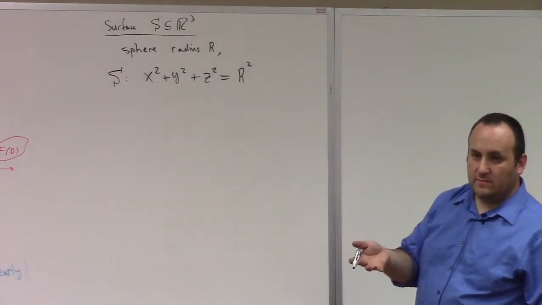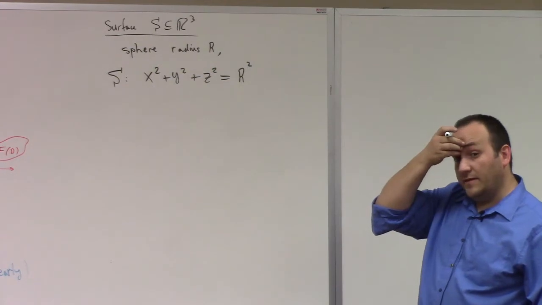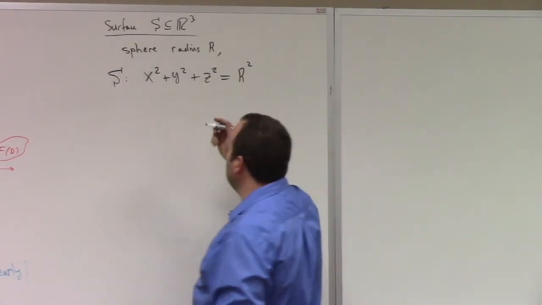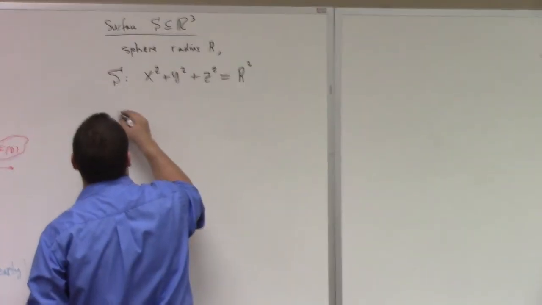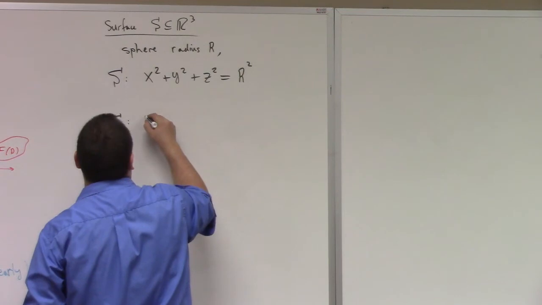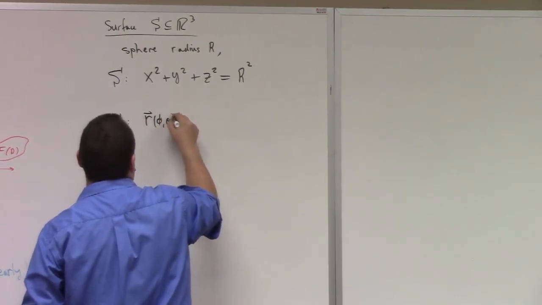Much later, usually, we talk about surface integrals, and there we learn that you can patch the sphere. We look at S as being something like R of phi, theta. How does it go?